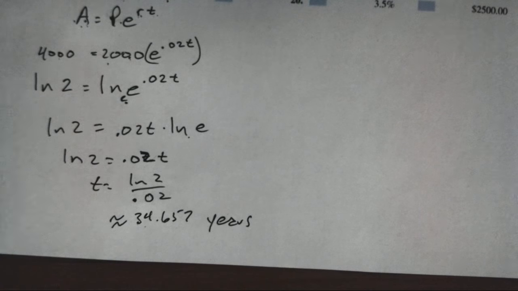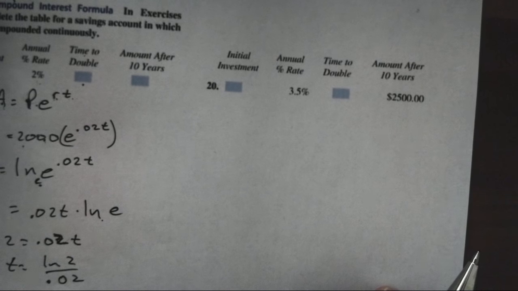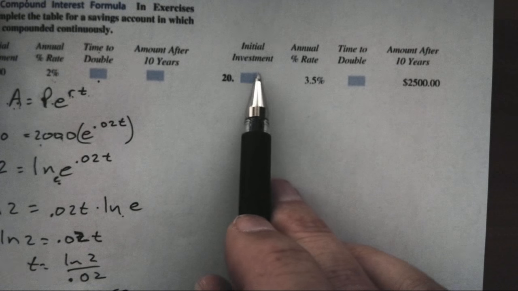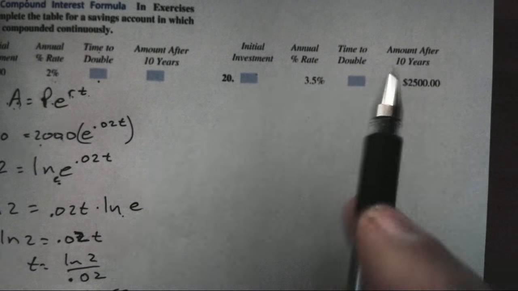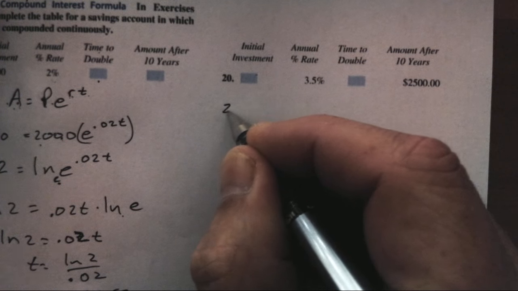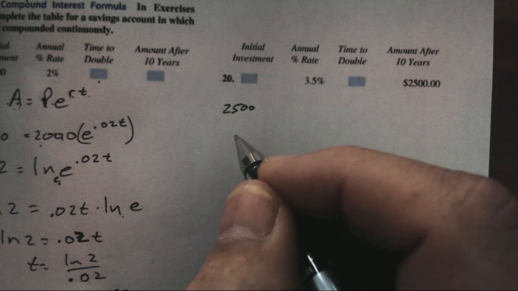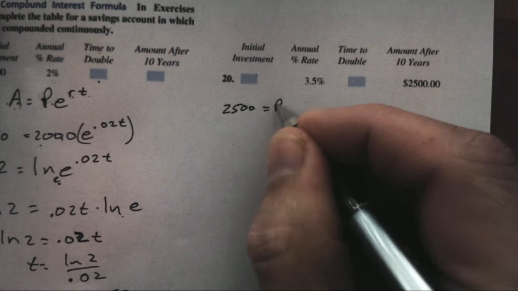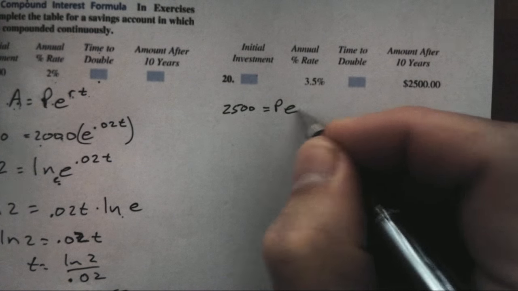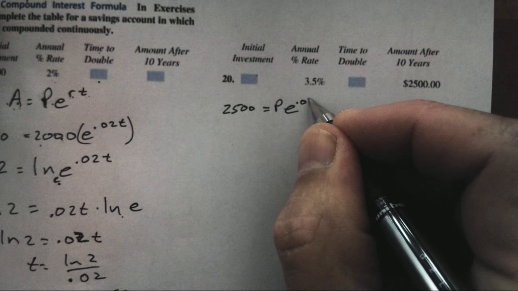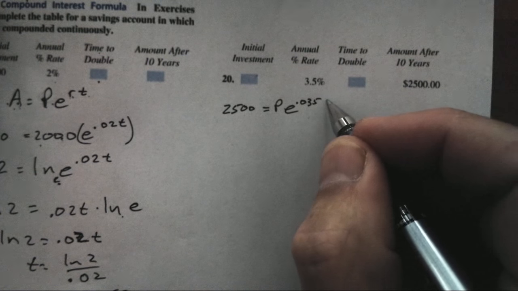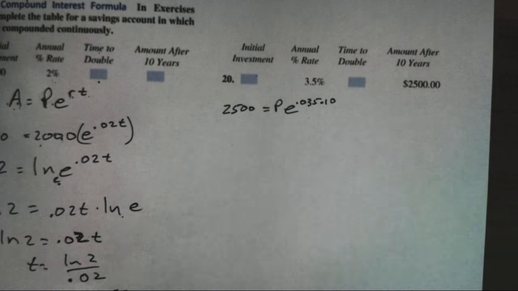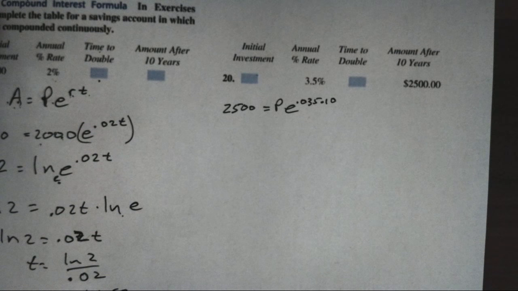Okay, I'll do better on spacing on this one. Here we don't know our initial amount. We do know our amount after 10 years, so we end up with 2,500. We start with an unknown, times e to the 0.035 times 10. This is pretty straightforward.